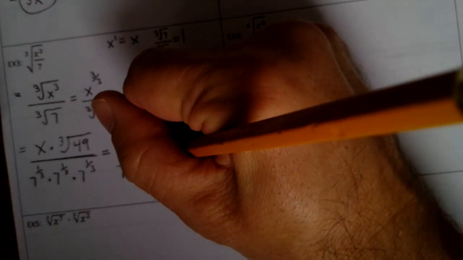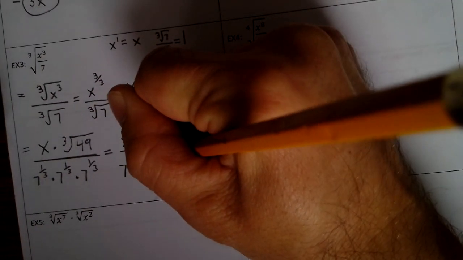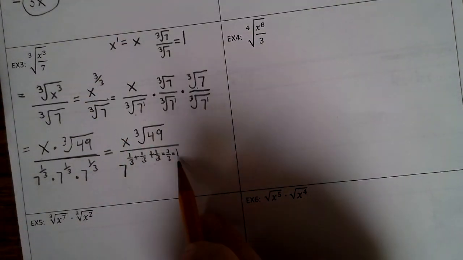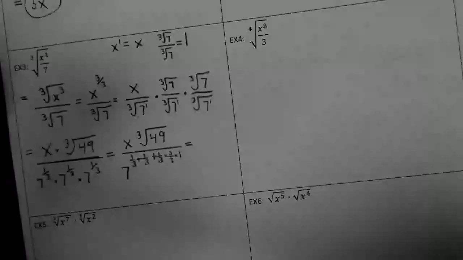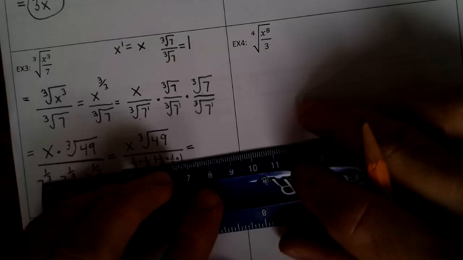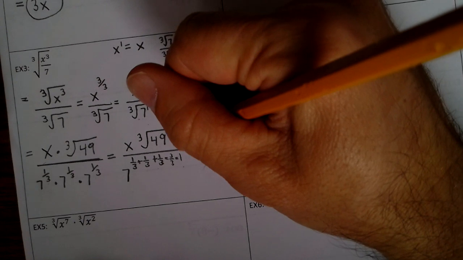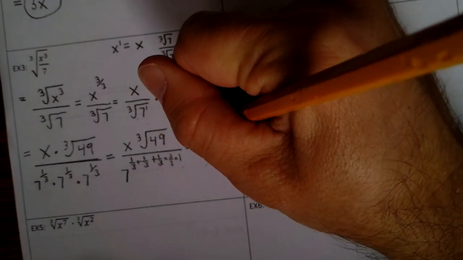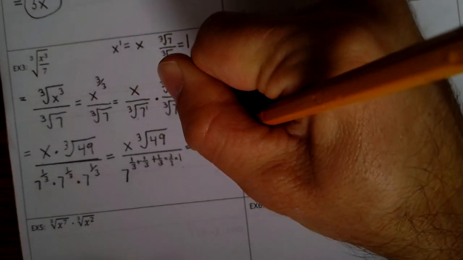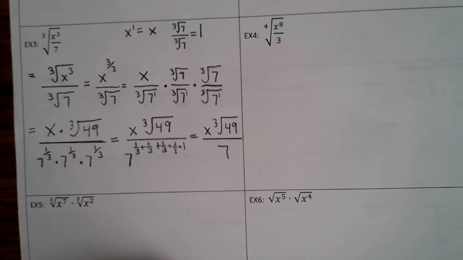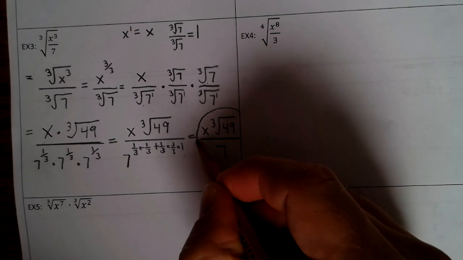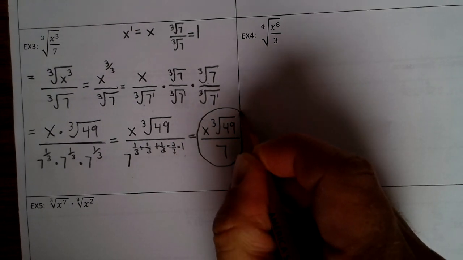So that's just 7 to the 1 power. So our final answer is x cube root of 49 divided by 7. And that's what you have to do when you have the radical in the denominator.